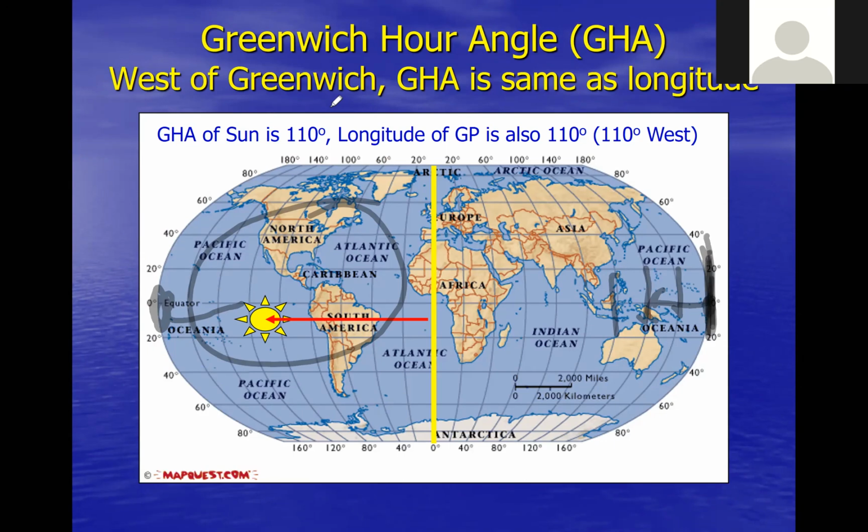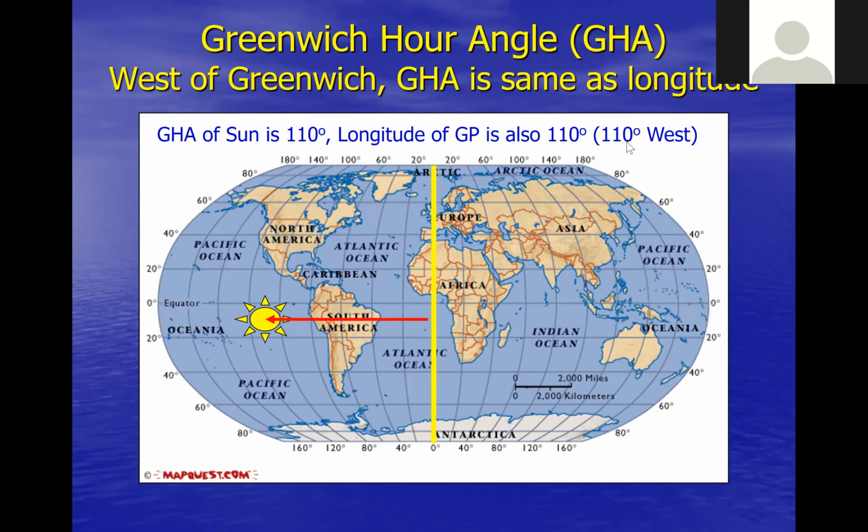So here we're at 180. Here we go to 200, 220, 240, 260, and so forth. So as we approach Greenwich, we come up on 360. It just makes the math easier if you use Greenwich hour angle rather than longitude. Okay, so hopefully that's pretty straightforward.